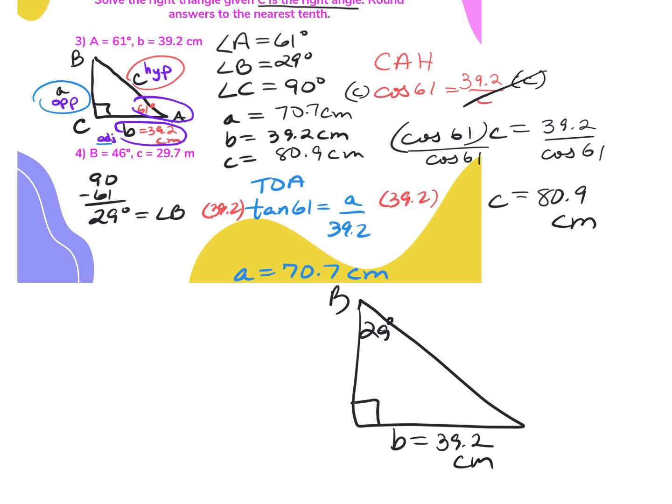The biggest angle is the 90, and it's across from the largest side. And then the middle angle, the 61, is across from the medium side. So it needs to make sense. The smallest angle always has the smallest side across from it. The largest side always has the largest angle across.